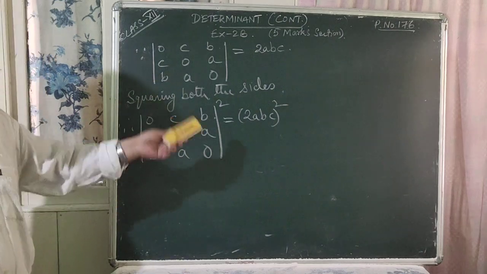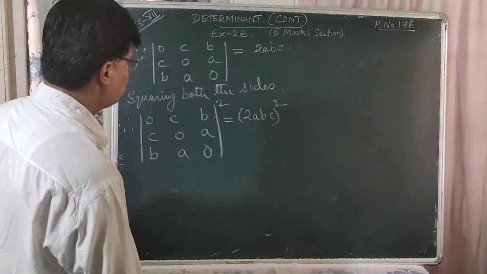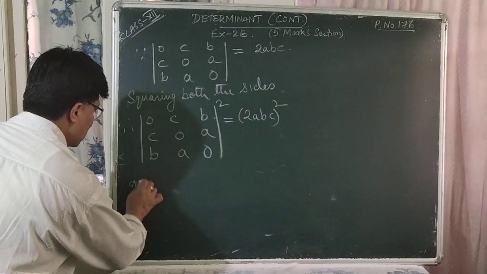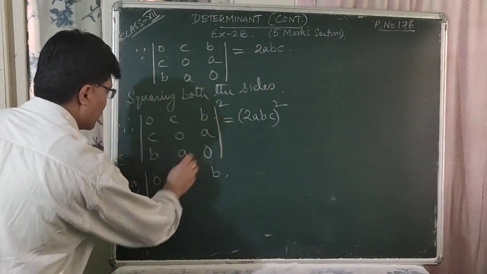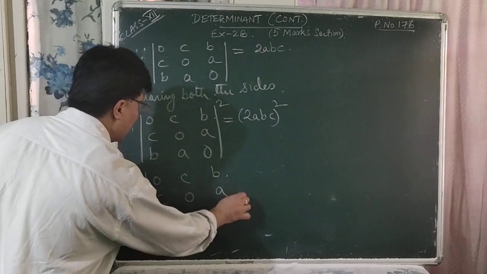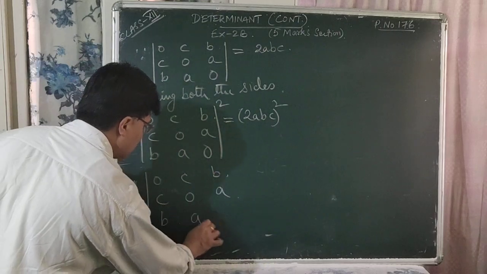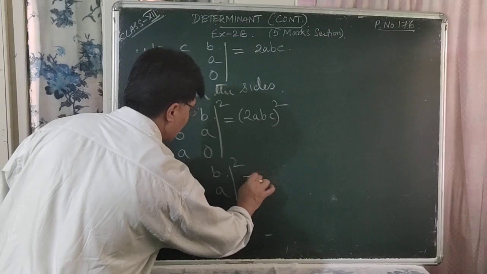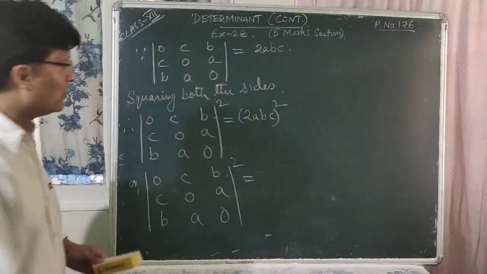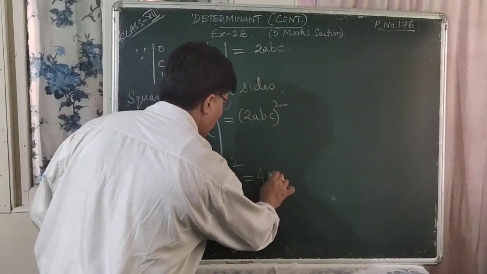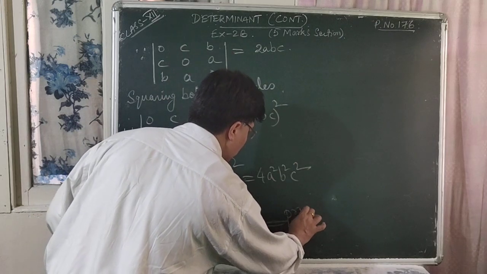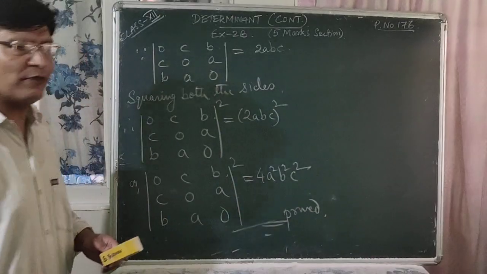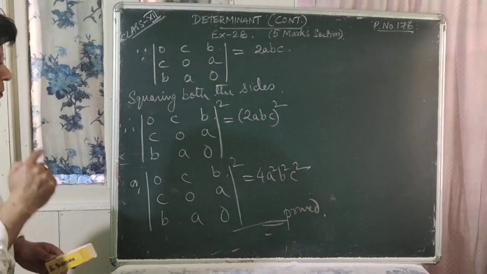So now keep the left hand side as it is, that is the determinant 0, c, b; c, 0, a; b, a, 0 whole square, is equal to, what is 2abc whole square? That is, it will be 4a square b square c square. So it is proved. That is, first is equal to third is proved.